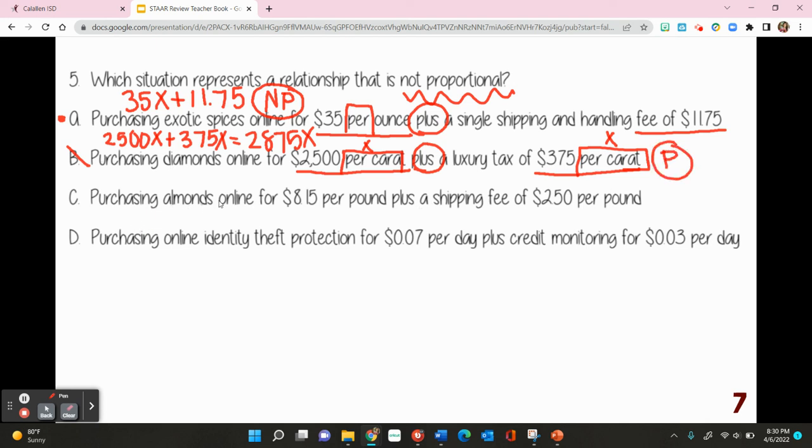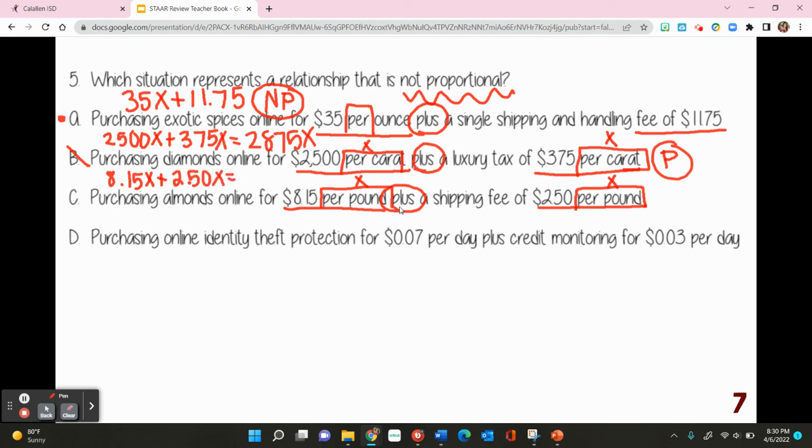Looking at C, it says purchasing almonds online for $8.15 per pound, plus a shipping fee of $2.50 per pound. Again, we see that the amount they are charging is for every pound. So these both get x's. So this can be represented as 8.15x plus 2.50x.